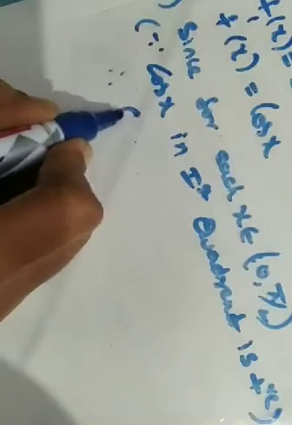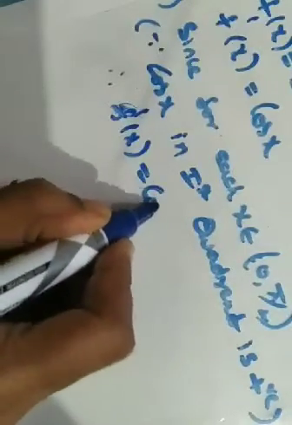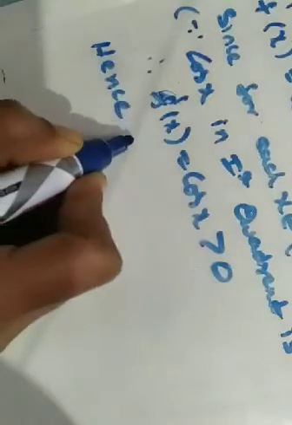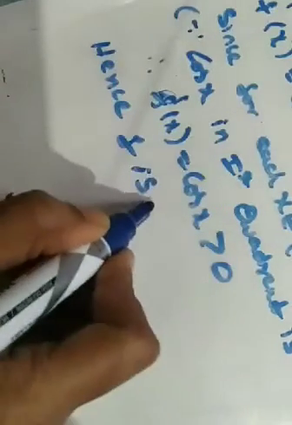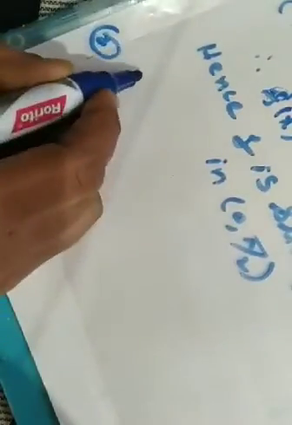Therefore f dash of x is equal to cos x is always greater than 0. Hence f is strictly increasing in 0 comma pi by 2. 0 comma pi by 2 means first quadrant. Next go to second condition.